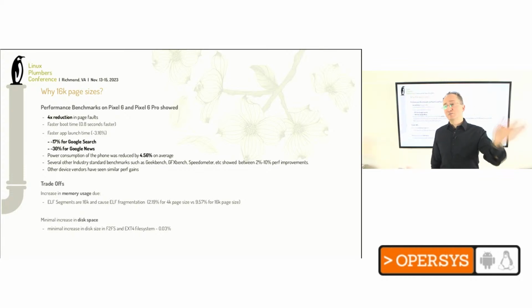Okay, 16K pages. This one actually overflowed from here to the Android BOF that took place a day or two later, I can't remember anymore. Anyway, this was definitely above my head in terms of complexity. Memory management has never been something I've truly loved in terms of operating system concepts.